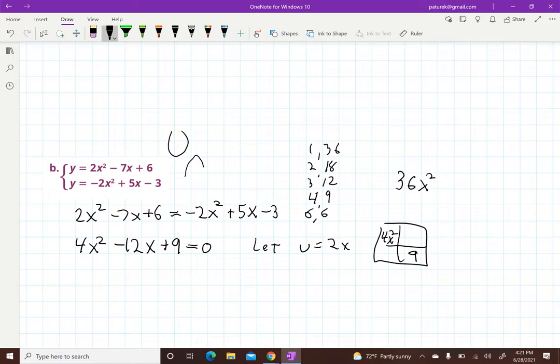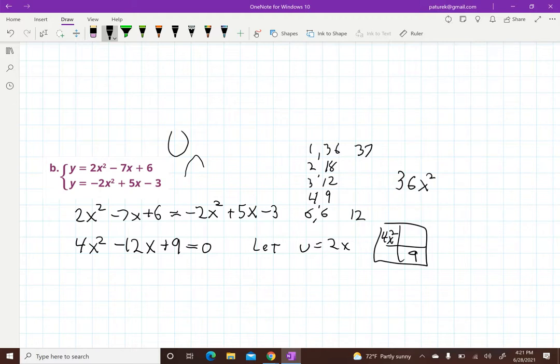And then out of that list, what combinations do you have that might work out to be a sum of negative 12 and a product of 9? So they would both have to be negative numbers to end up with a positive product, and they have to sum to negative 12. Well, 1 and 36 add up to 37. That's ruled out. 6 and 6 add up to 12.